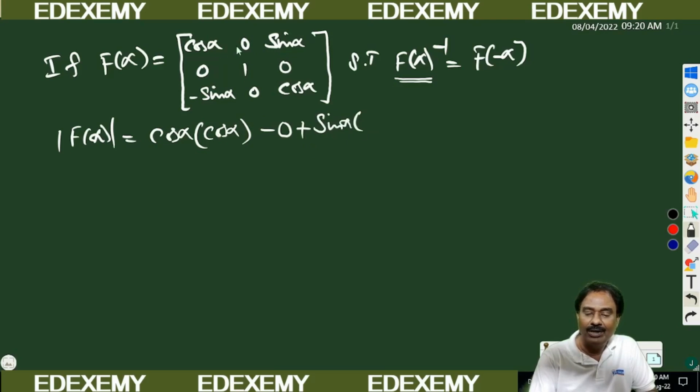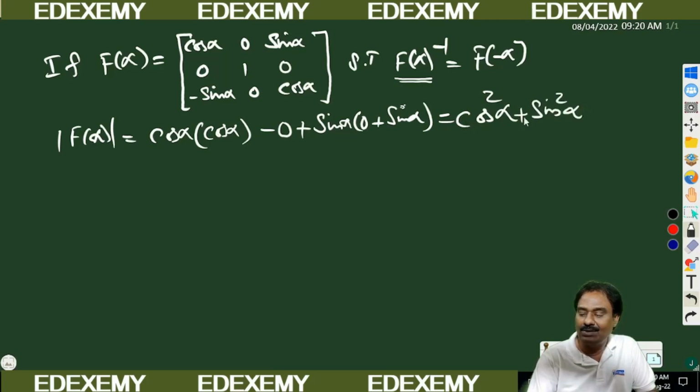You leave that row and column, you will get 0 into 0 is 0, minus of minus sin alpha, minus into minus plus, you will get sin alpha. Now, simplify this, cos alpha into cos alpha is equal to cos square alpha, minus 0 you leave it, sin alpha into sin alpha, sin alpha into 0 is 0, sin alpha into sin alpha is sin square alpha.